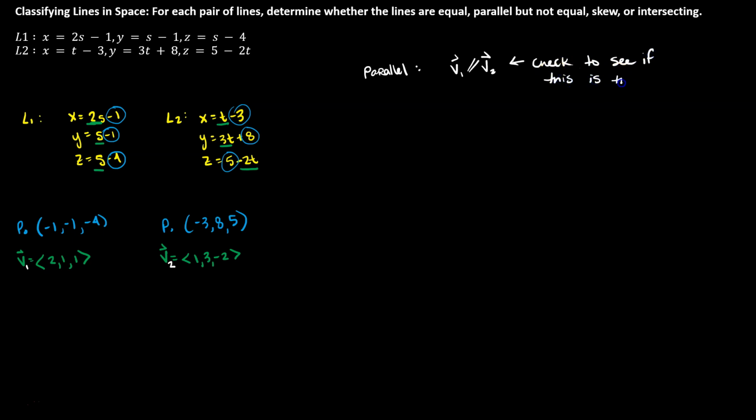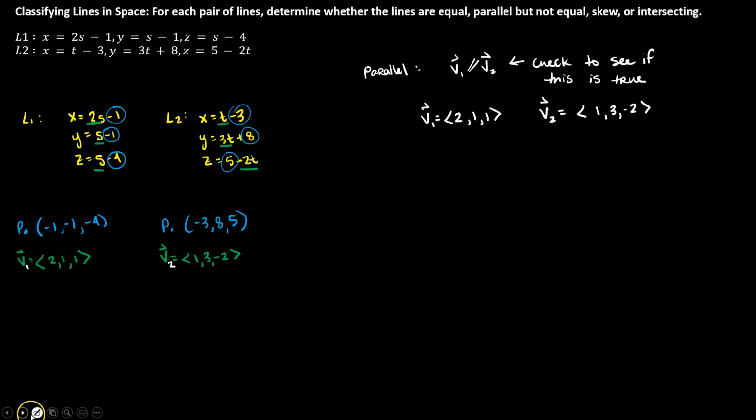So we're going to check to see if our vectors are parallel by inspecting whether or not they're scalar multiples. The vector v1 has components 2, 1, 1. The vector v2 has components 1, 3, -2.